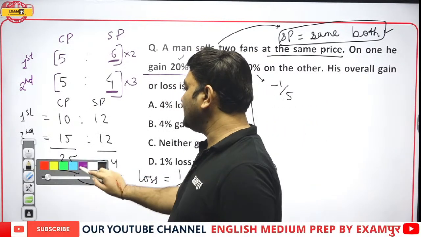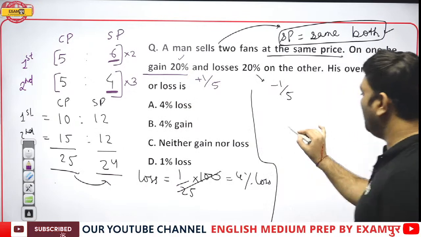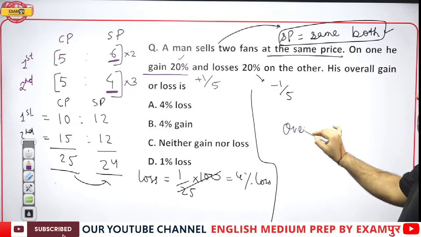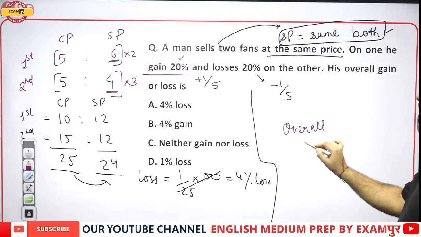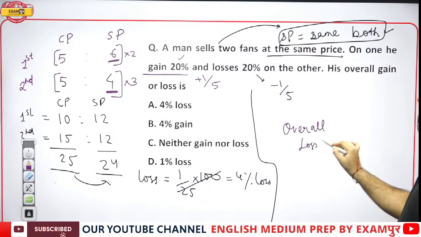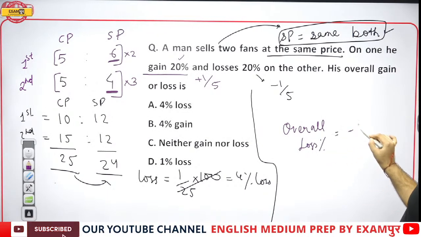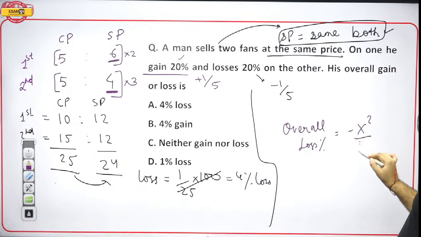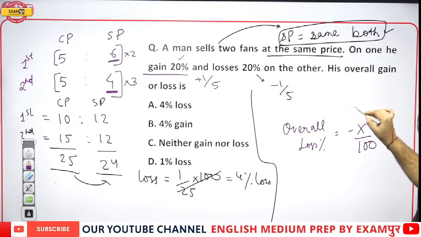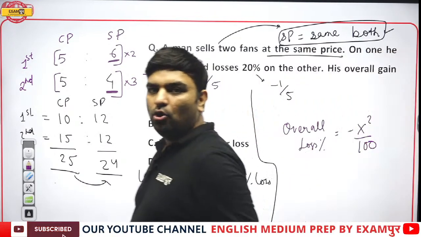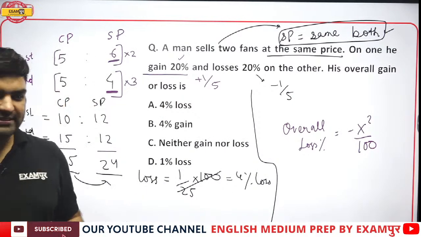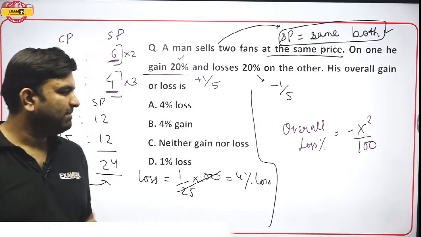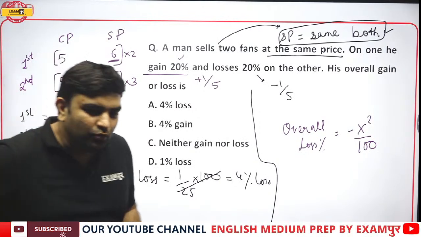If the values are same, some of you might remember the formula as well: overall loss percentage is minus x square upon 100, only if the values are same.